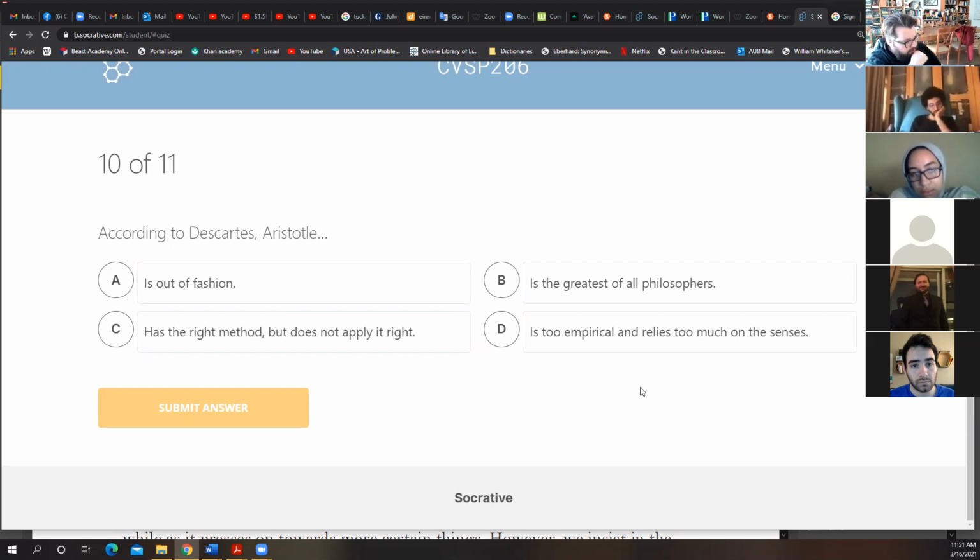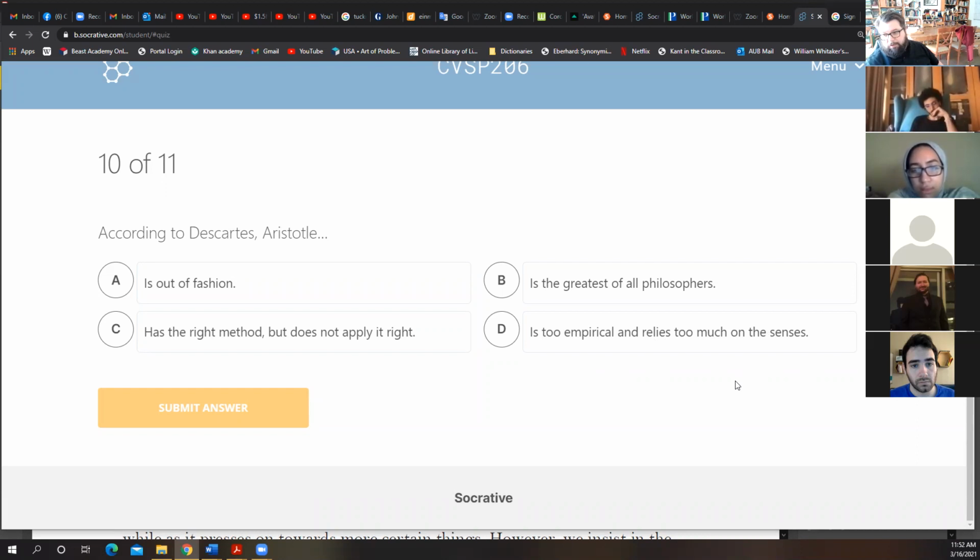So Descartes, being this rationalist, using the deductive method, regards Aristotle as D, too empirical, relying too much on the senses. In other words, Descartes regards Aristotle as much like Bacon, right? Which is funny, because Bacon will regard Aristotle differently as well. This is interesting, but this is part of that whole tradition.